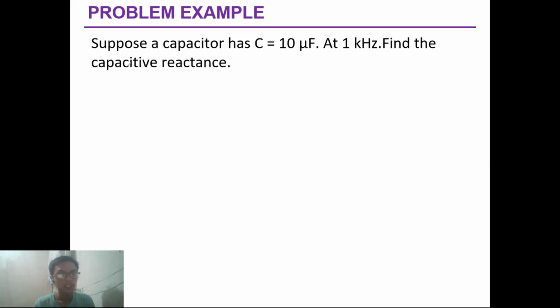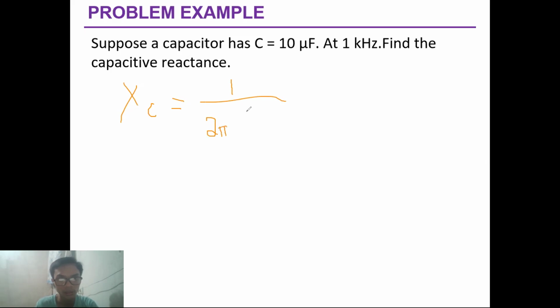In order to find it, we need to follow the formula. Capacitive reactance is equal to 1 over 2 pi f C. So try to remember the formula.